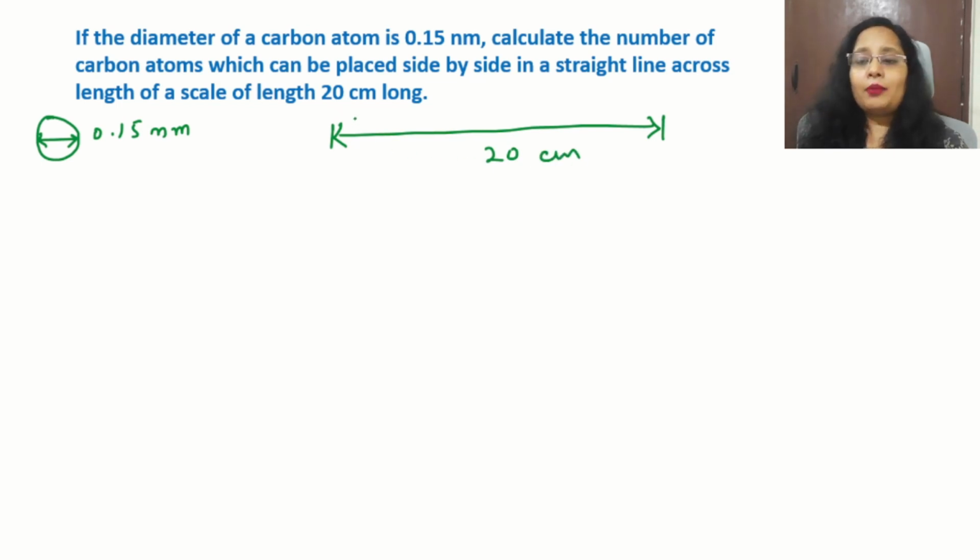So how many carbon atoms, if we are placing side by side, like this is one atom, this is the second atom, this is the third atom. So how many carbon atoms can we put in 20 centimeter, where the distance covered by one atom is 0.15 nanometer, that is its diameter.